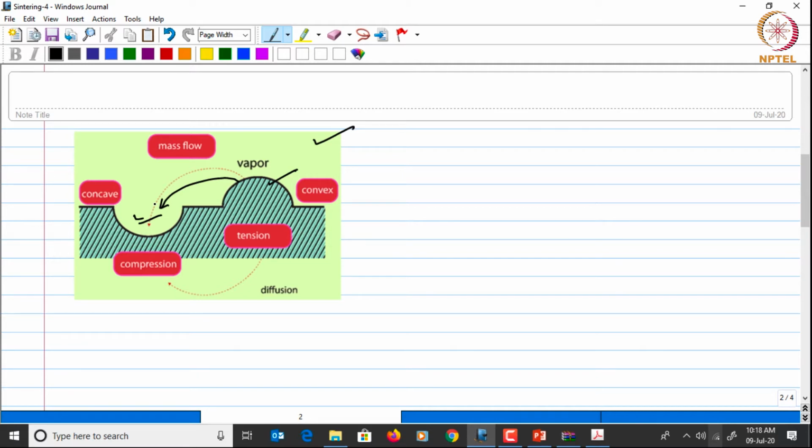This kind of mass flow can also be shown in terms of the vacancy flow. We have seen before while discussing the diffusion process that the vacancy flux is in the opposite direction to the direction of the mass flow or the atomic flux. So in this case, where you have both concave and convex surfaces, the vacancy concentration in the concave region is higher compared to the convex region.